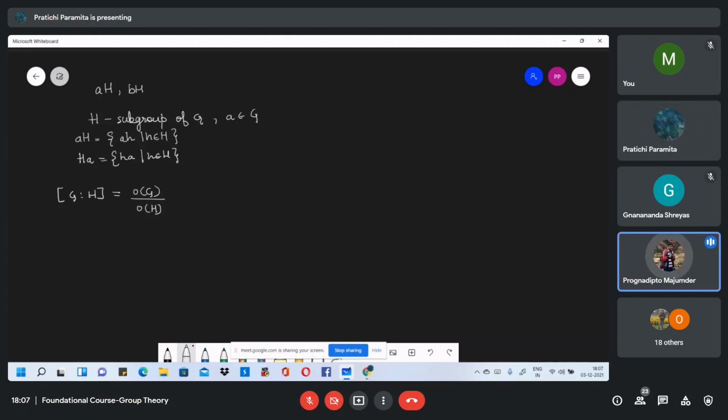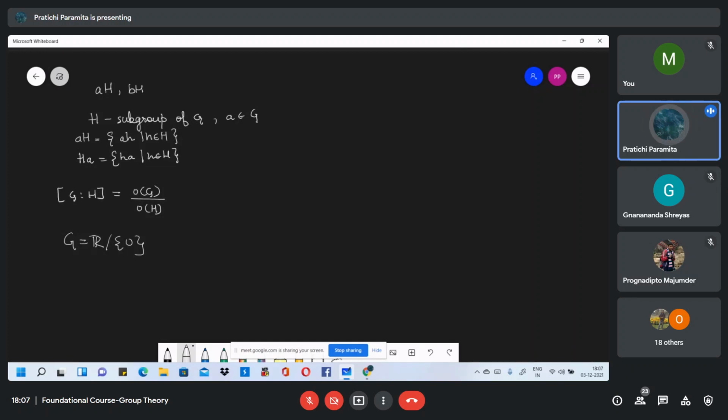Take G as the group of all non-zero real numbers and the subgroup as all positive real numbers, both under multiplication. Yes, that would work.